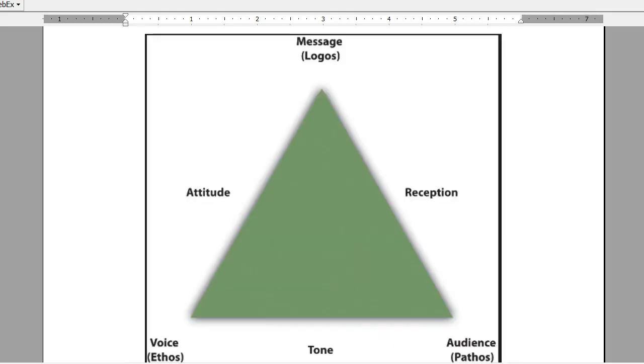Rhetorical analysis is the use of ethos, pathos, and logos within a message to persuade your audience. And although this triangle right here isn't inclusive of all the ways that we can use ethos, pathos, and logos, it truly does capture ethos, pathos, and logos at its core.